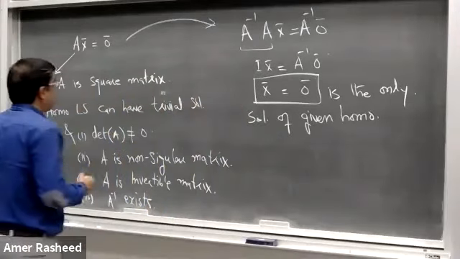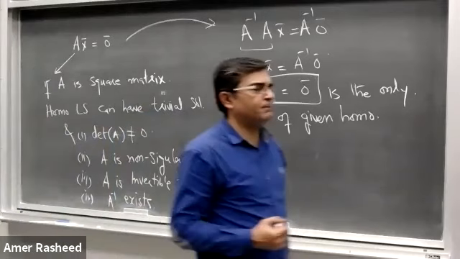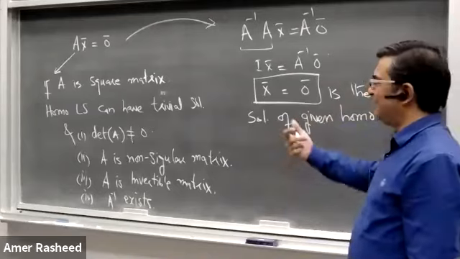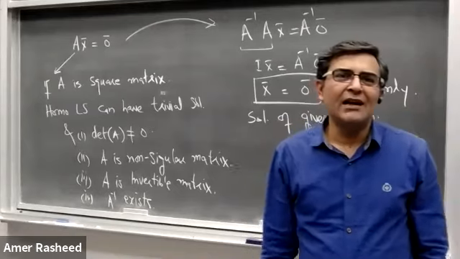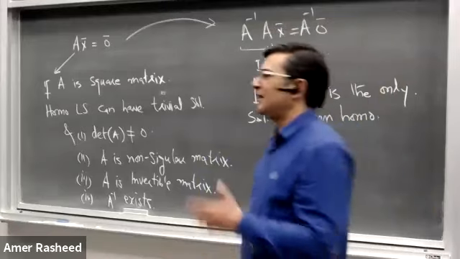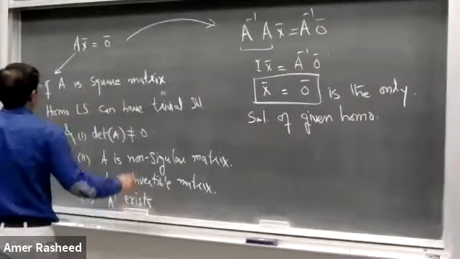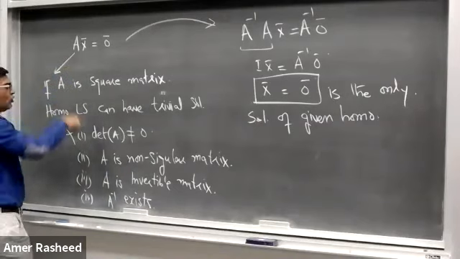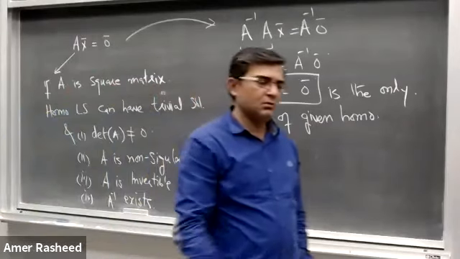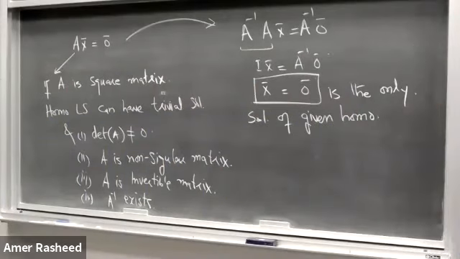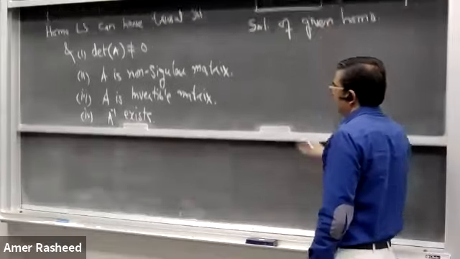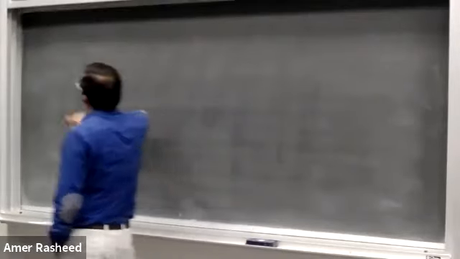Now, getting infinitely many solutions is exactly the reverse. A homogeneous linear system must have infinitely many solutions if the determinant of the coefficient matrix is equal to 0. There are two possibilities in this situation.